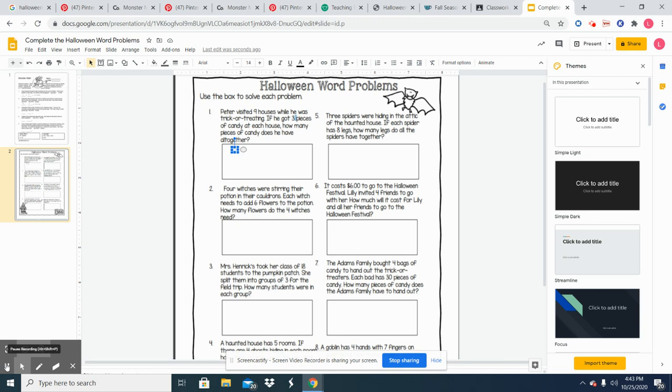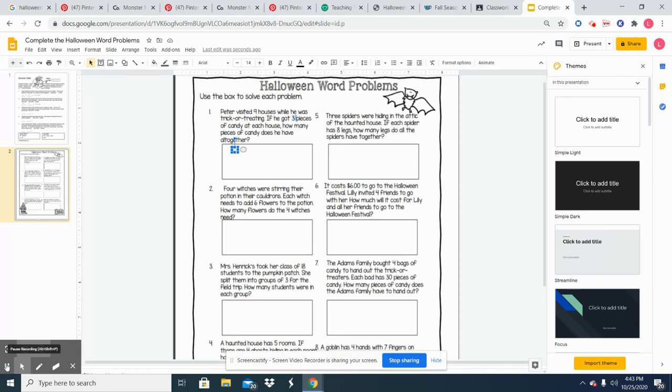So it says, how many pieces of candy does he have altogether? That was our last question. Altogether tells us that we're going to multiply. We're not going to divide because it doesn't ask us how many pieces of candy each got.